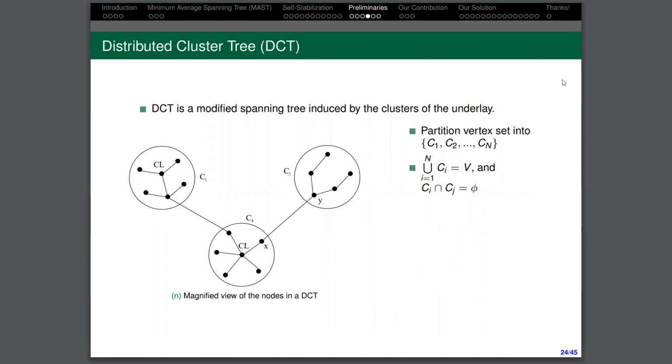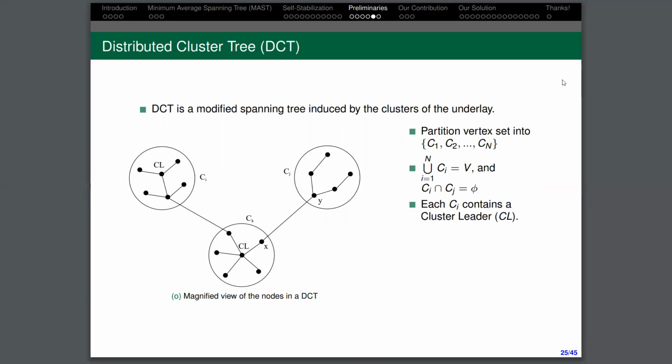The clusters are constructed in such a way that they are pairwise mutually exclusive, and their union gives the entire vertex set of the underlay. Each cluster will have a cluster leader, which is the node with the lowest ID in that cluster. Additionally, each cluster will have a low diameter, and the number of intercluster edges will also be bounded by a certain quantity.